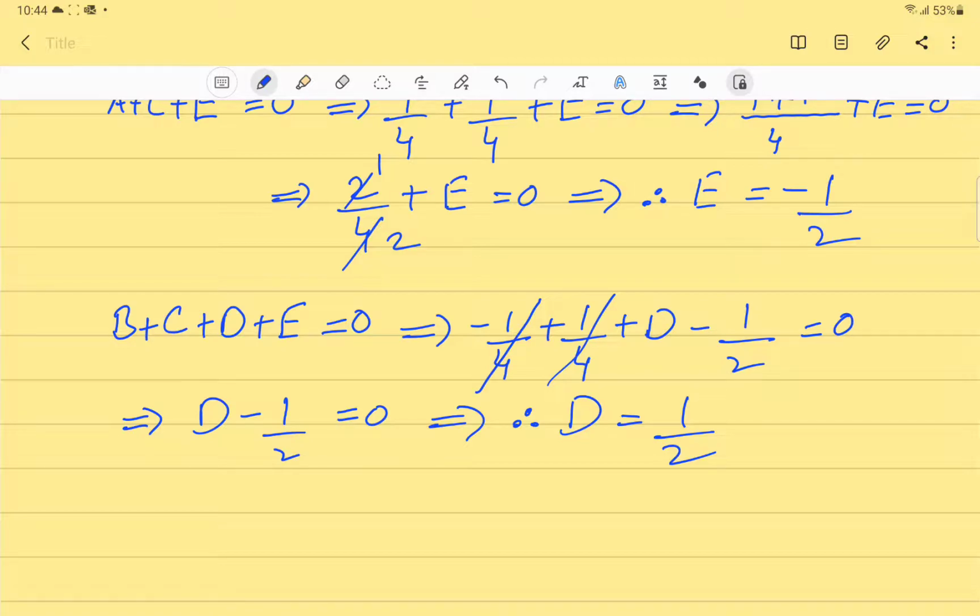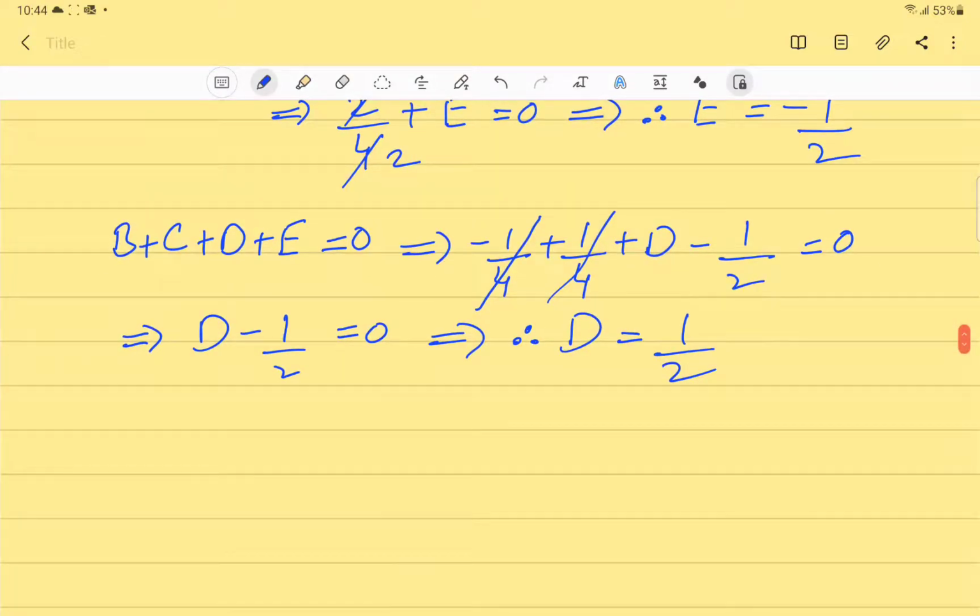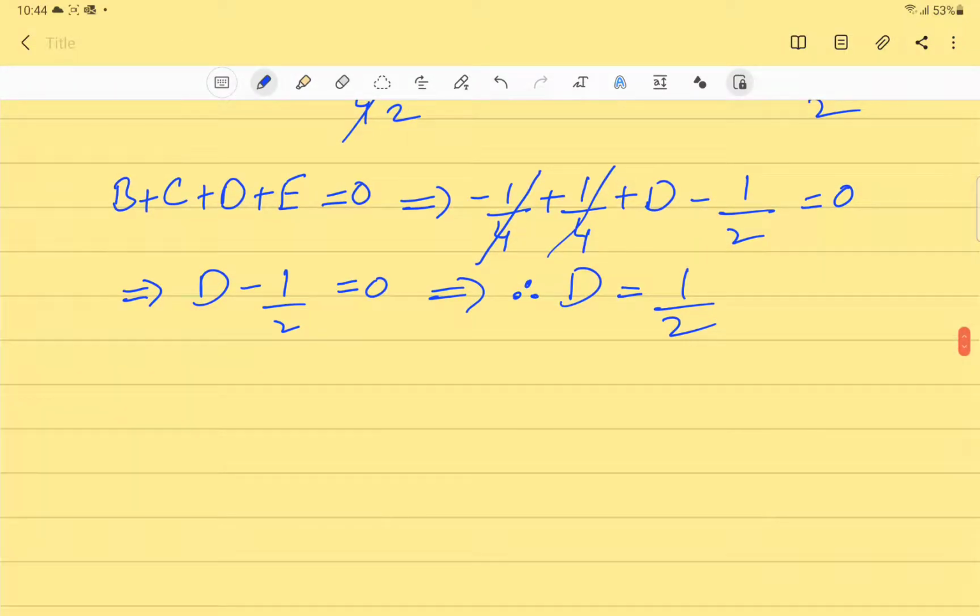Now we have figured out all the 5 constants from a to e. So we are in a position to write the partial fractions now.